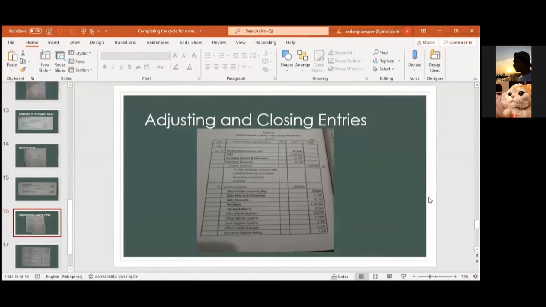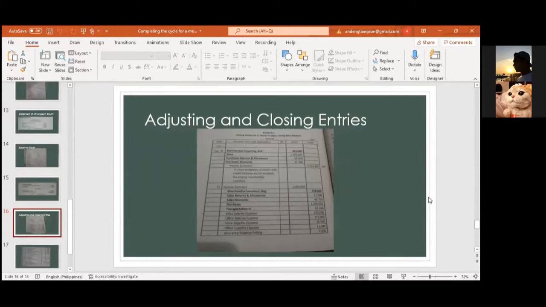Revenue accounts typically have normal credit balances, but sales discounts and sales returns and allowances are contra revenue accounts and have normal debit balances. Expenses have normal debit balances.